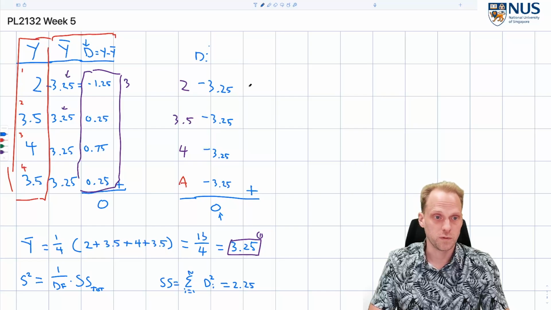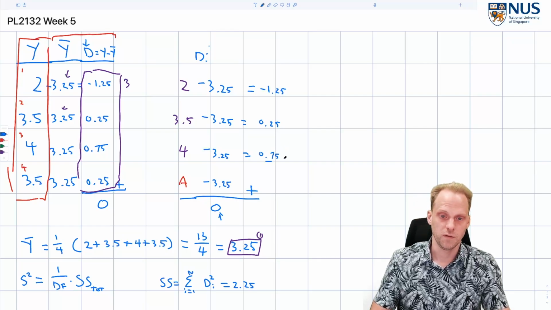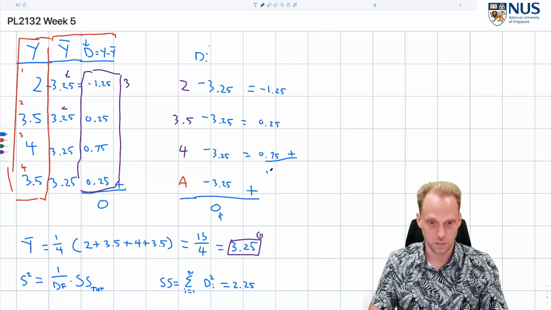2 minus 3.5 equals minus 1.5. This one equals 0.25. This one equals 0.75. If we sum those, we get minus 0.25.